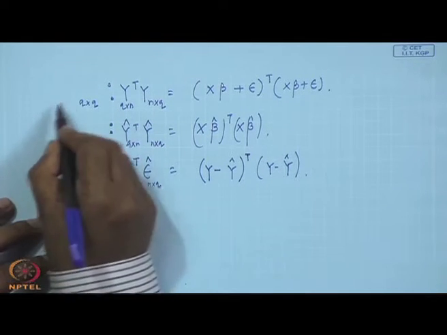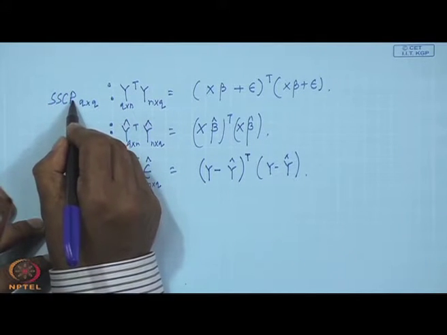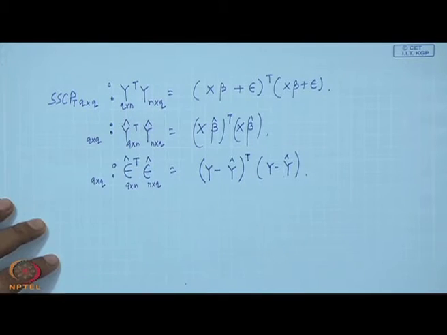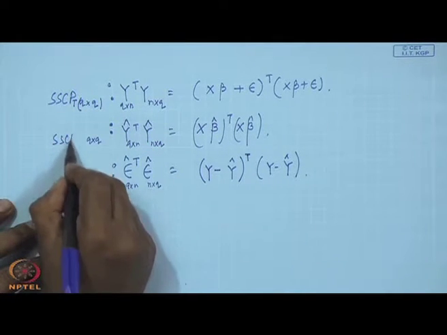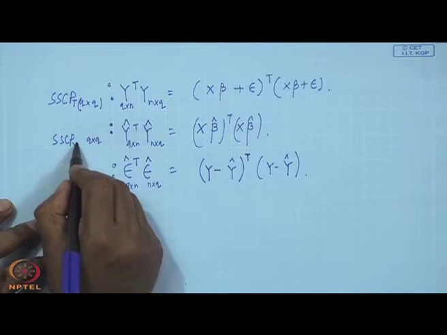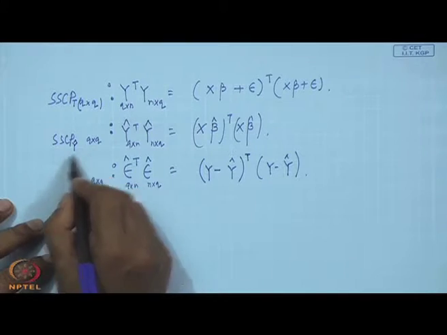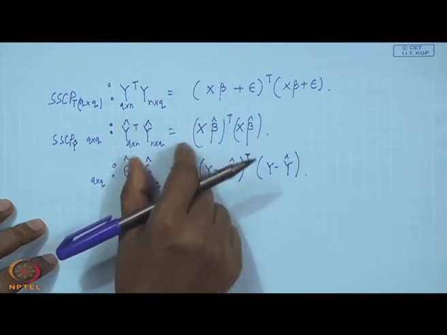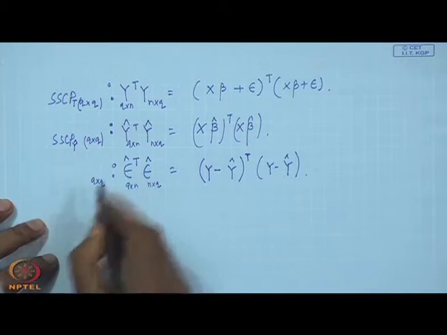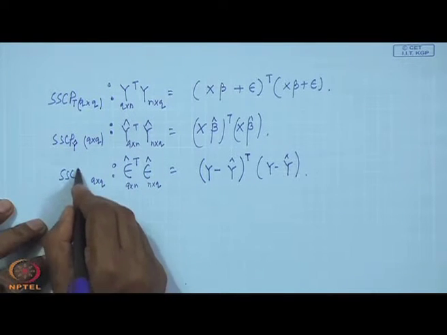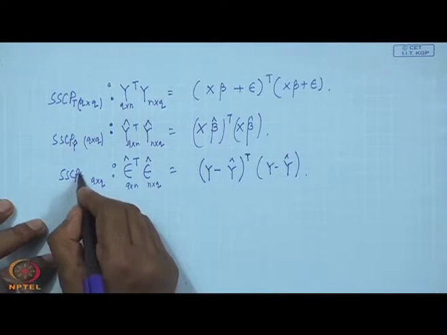So, if I say this is my SSCP total, which is a q cross q matrix, this is my SSCP y cap, that is basically, from the regression point of view, how much we are getting. This is also equivalent. If I say this one is epsilon cap, if I write like this.